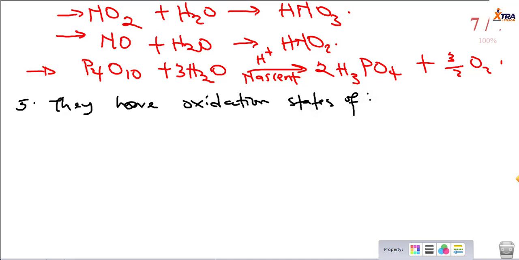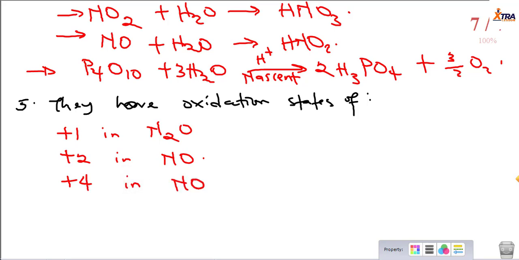They have oxidation states of +1 in dinitrogen oxide, for example, right? Of +2 in nitrogen(II) oxide, right? Of +4 in nitrogen(IV) oxide, right?